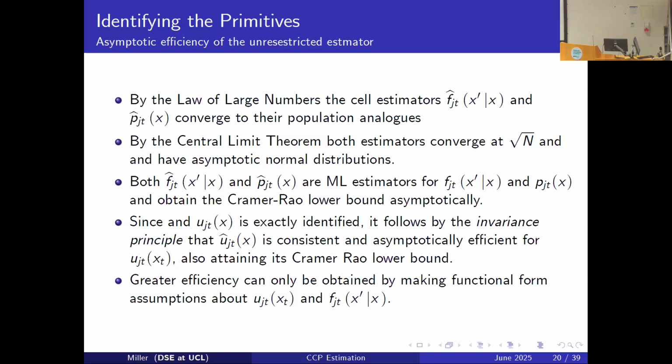So one more time. You're estimating the CCPs, putting no structure on it. There's a one-to-one relationship between the V's and the U's and the P's, given the F's. The F's you're estimating with a frequency estimator, just the same way as with the P's. They're both maximum likelihood estimators. Very, very simple.